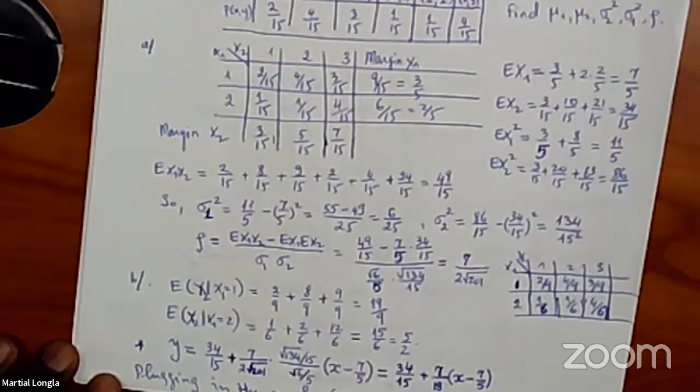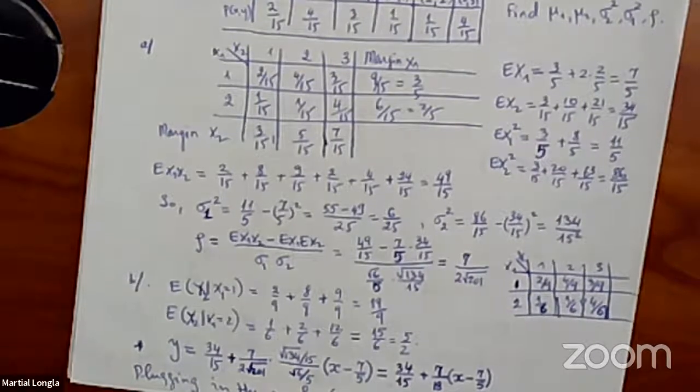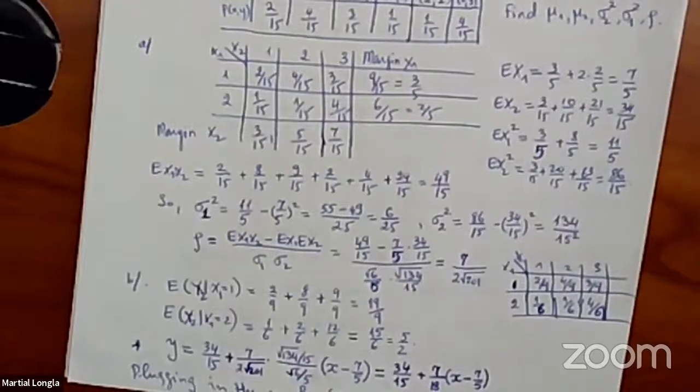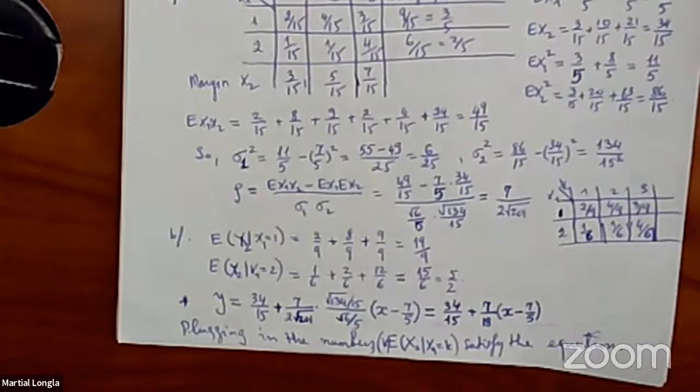And when I plug in the numbers, k and the expected value of x2 given x1 equal k, they satisfy the equation. Any questions on this one? Are we clear on how I obtain the conditional probabilities to quickly answer the question?